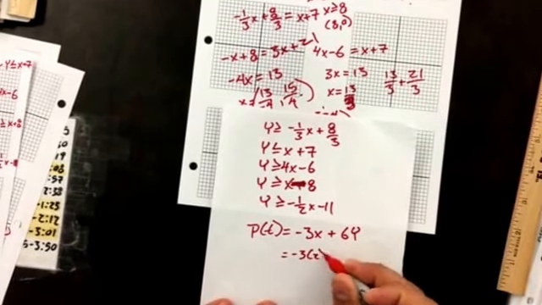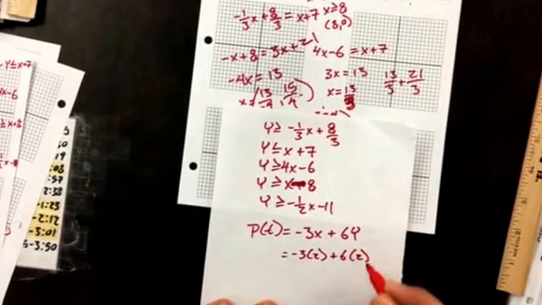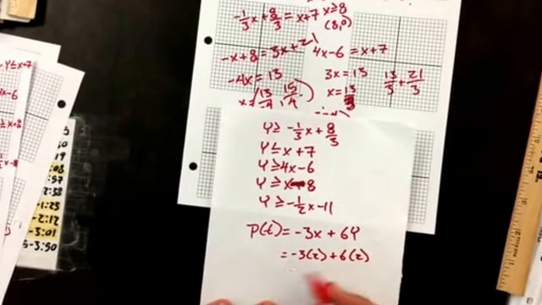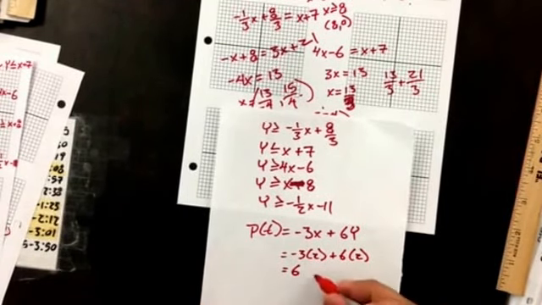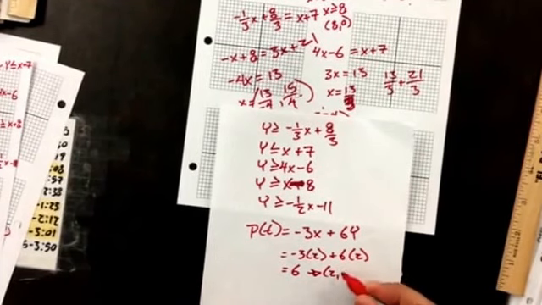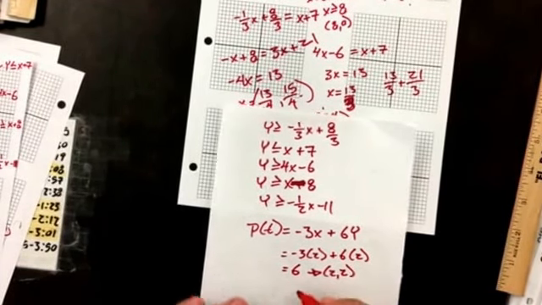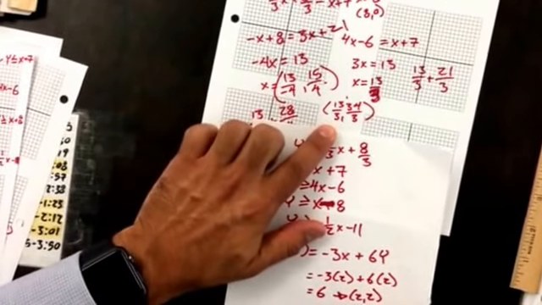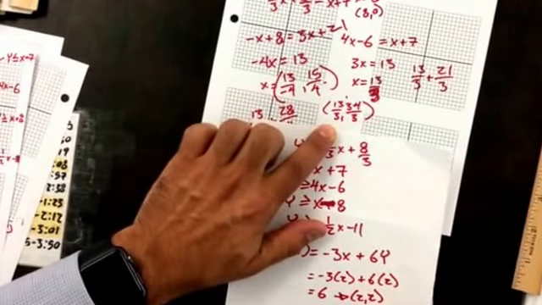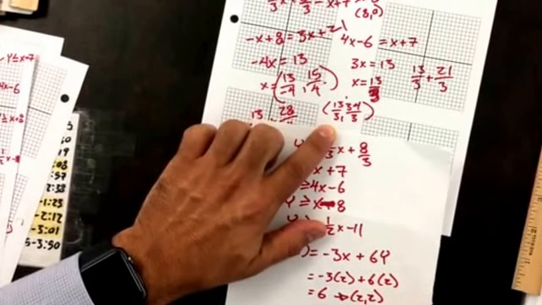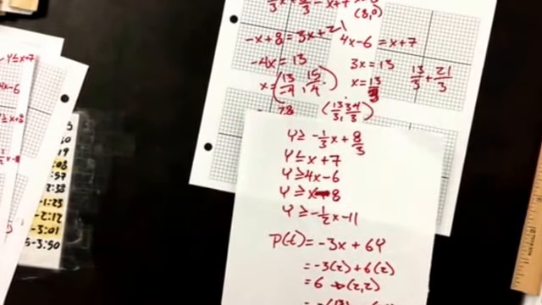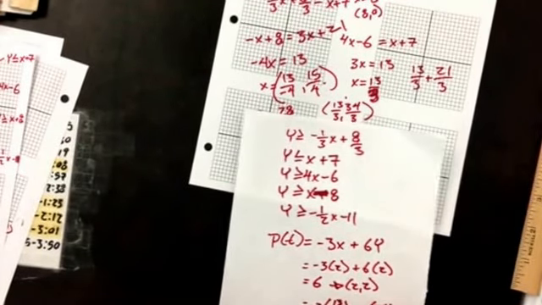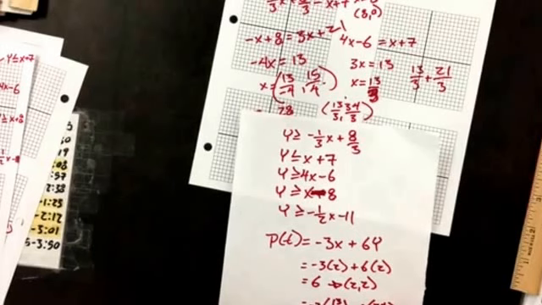-3 times 2 plus 6 times 2. -6, positive 12, positive 6. I'm just going to write the point down so I know where it came from. I'm going to do the exact same thing with my other points, so I'll do this one next. -3 times 13 over 3 is -13. 6 times 34 over 3 is positive 68.